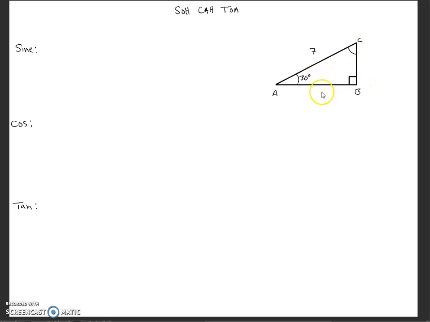Actually, that's not true. We could solve for the adjacent, but I believe the opposite is what I was going for there. So the sine of 30 degrees equals opposite over 7. So the opposite equals 7 times, again, a decimal, sine of 30 degrees, which gives us 3.5.